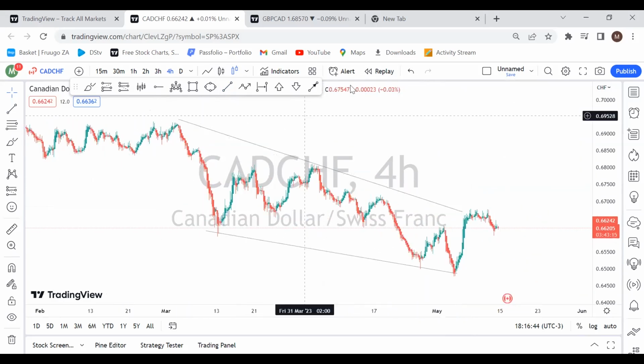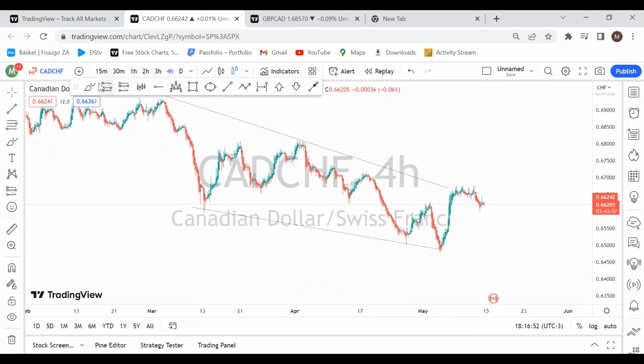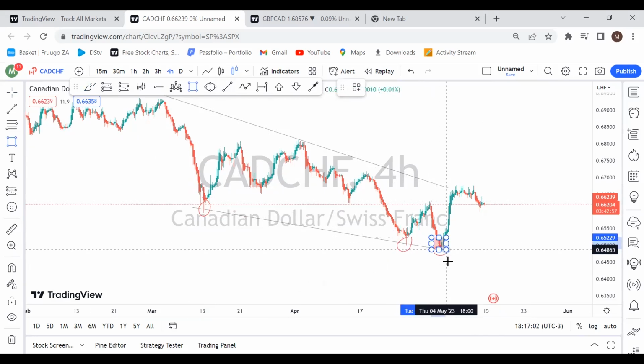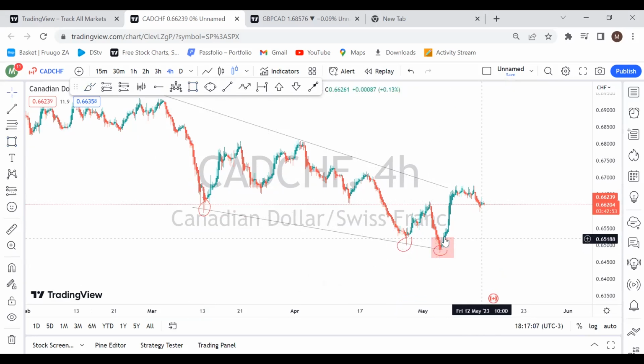So this is our structure, right? Descending. The important part is the support. We have one, two, three touches, highest probability. So we should be focused on this part right here for confirmation on the direction of the market, right?